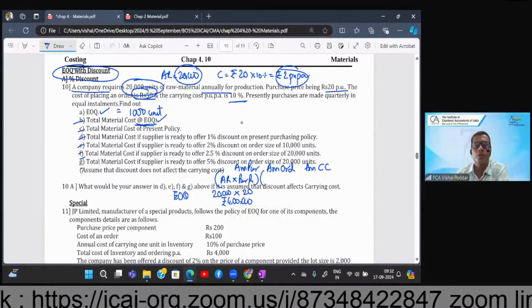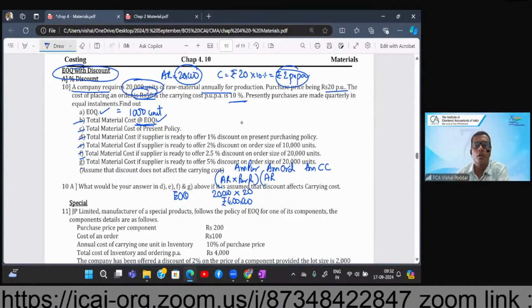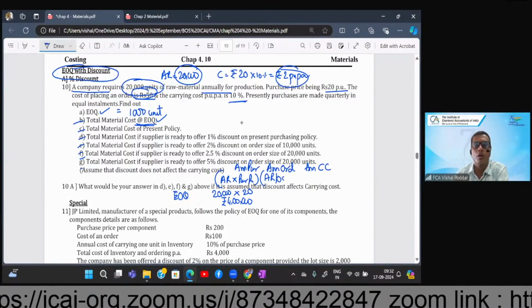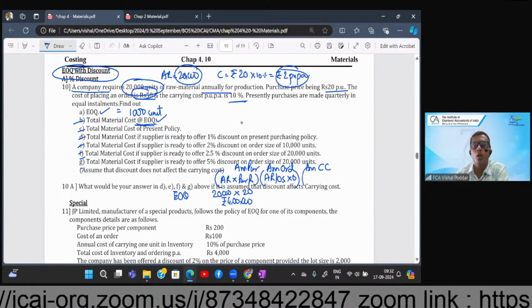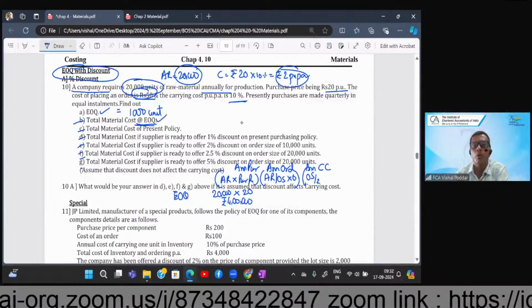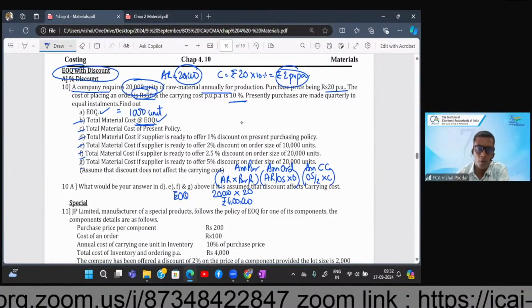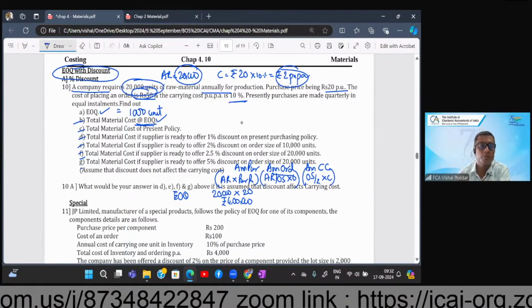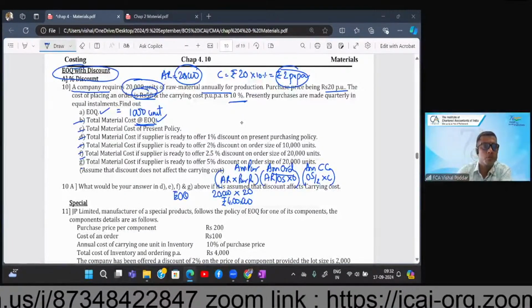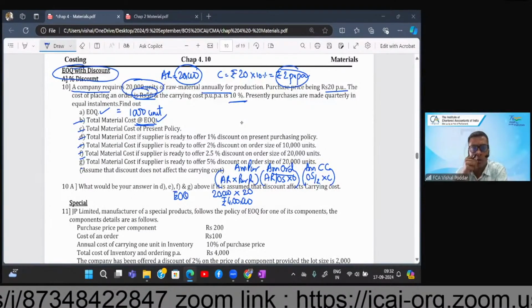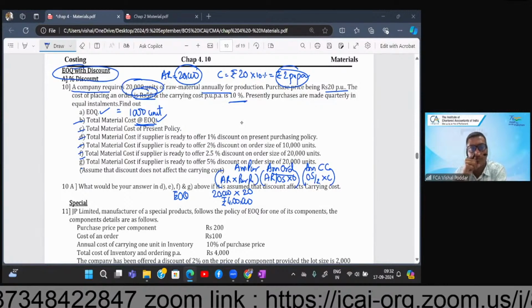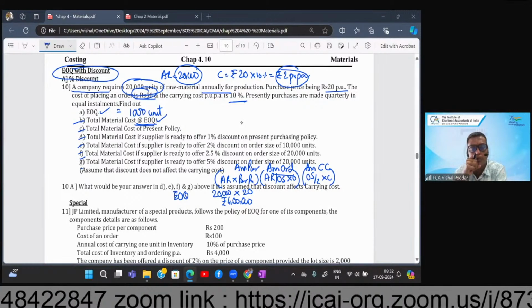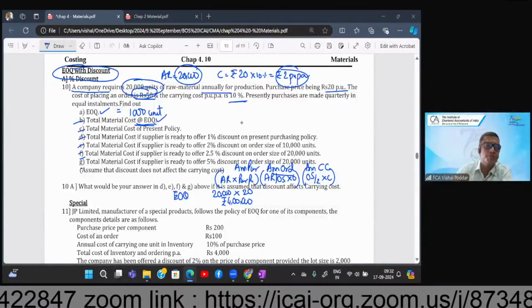Annual ordering cost is AR upon order size into O. Carrying cost is order size upon 2 into C. Okay. Give me the annual ordering cost for EOQ. 1,000.